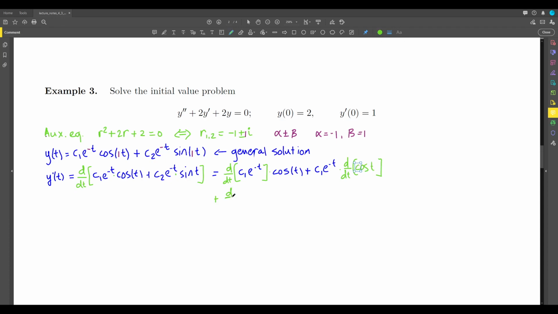And the second part looks very similar, right? So we have a derivative of this part times the sine, and then the e to the power negative t times the derivative of the cosine.